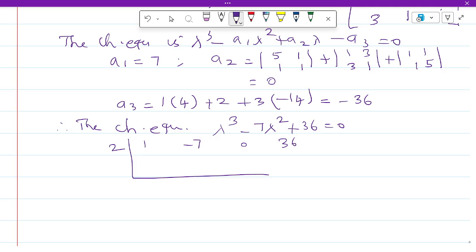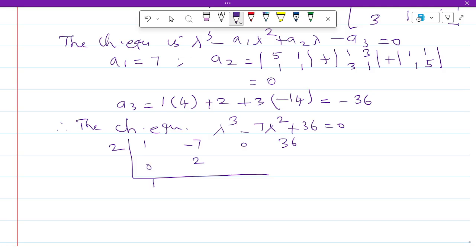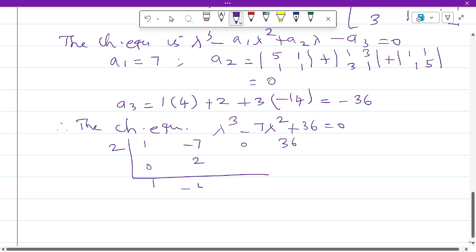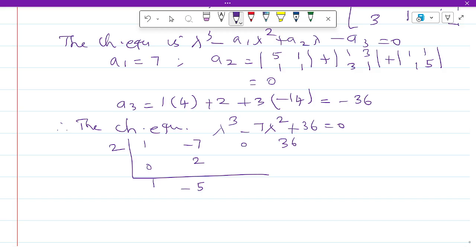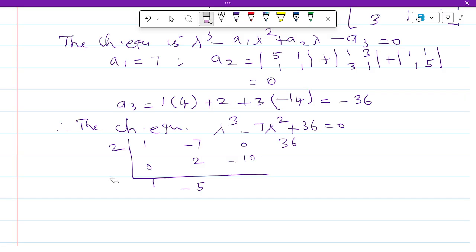We can go for 2, but 2 into minus 10 is not possible. I think we can go for minus 2 here.